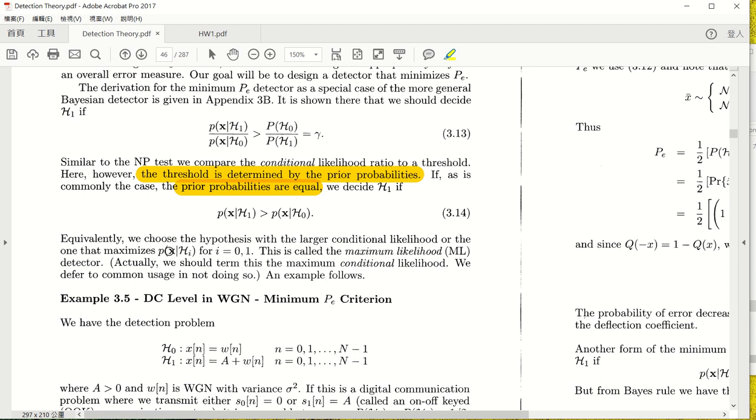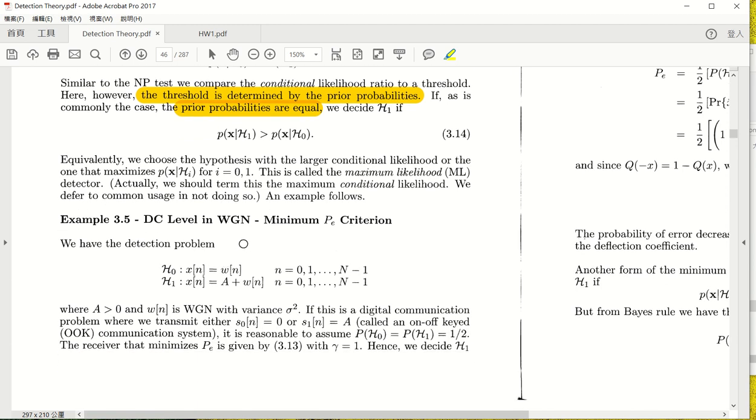As I said, it looks like a probability, but in fact it's likelihood, just because when you are making decisions, the samples, observations are already available. And when they are available, this is calculated like a probability density function, but it's a function of hypothesis. It's not a function of variable anymore. So we call it a likelihood, and this is called a maximum likelihood detector.